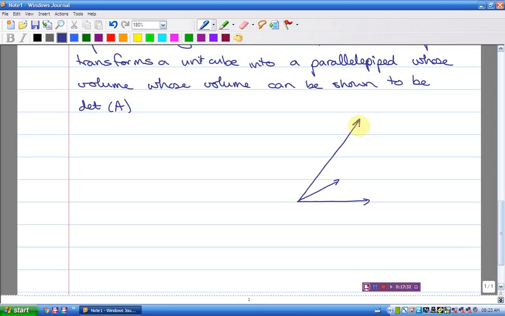Okay, so imagine that these two down here form the base of my parallelepiped. There we go, these two vectors. Okay, there I've got my parallelogram base of my box. Okay, I'll try and draw a good picture here.